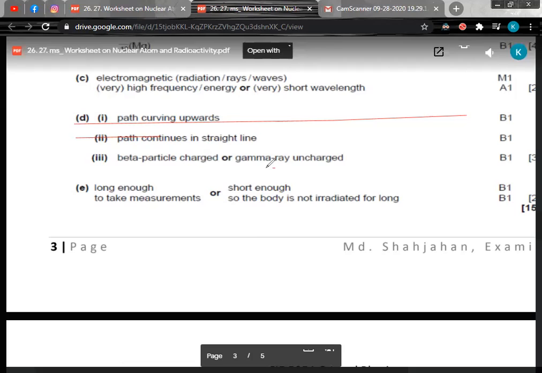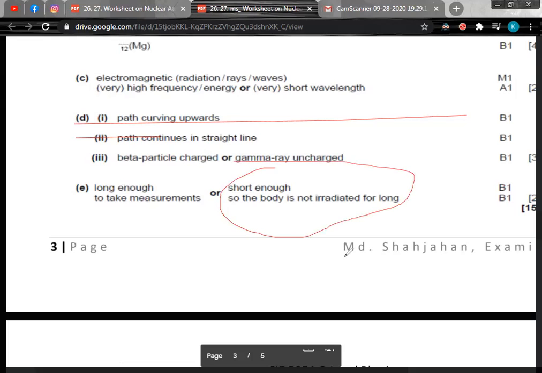You mean this one? Yes. And beside it also write it's less ionizing. Then it will be more understandable.